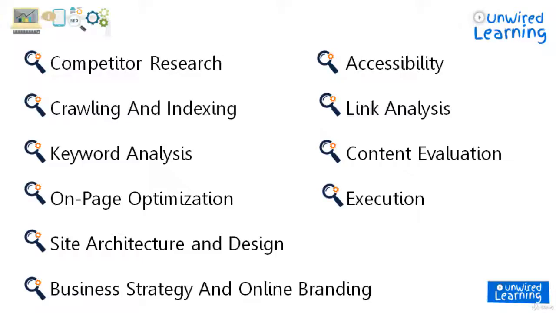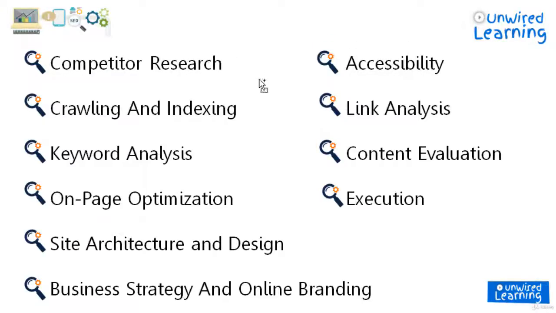Let me give you a brief idea about what are the points involved in a big SEO audit. These are the checklist points that involve a big e-commerce website, maybe a website which has more than 20 or 30 or 50,000 visitors each day. So they have to plan accordingly. These are not in sequence, I have just included all the points so you can have an idea what an SEO audit report involves.